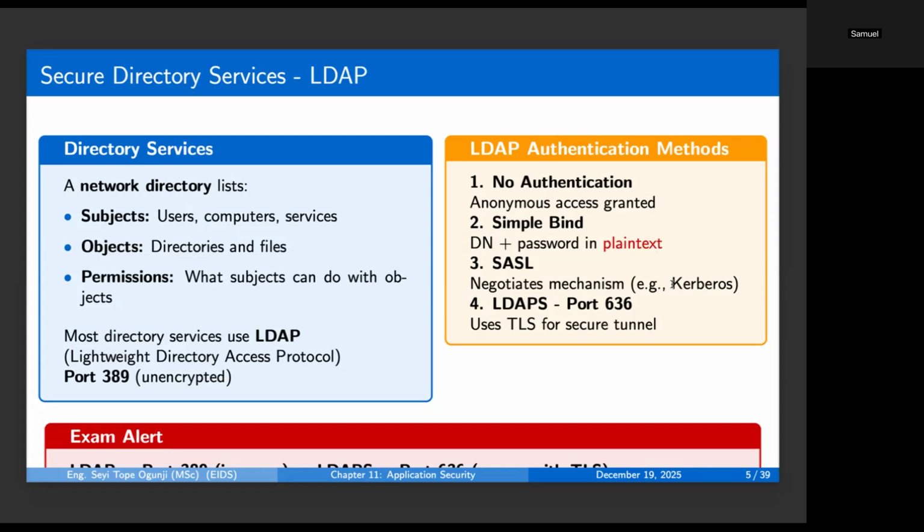For instance, what can a user subject do with the directory object? What can a computer subject do with a file object? What can a service as a subject do with directories or with files as an object? So permissions specify the relationships or the rules of engagement between the subject and the object.